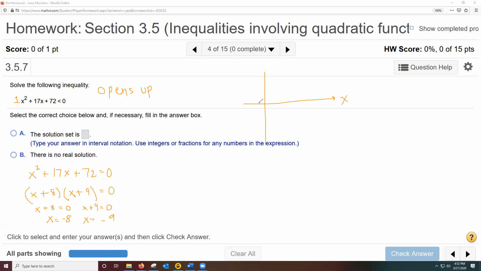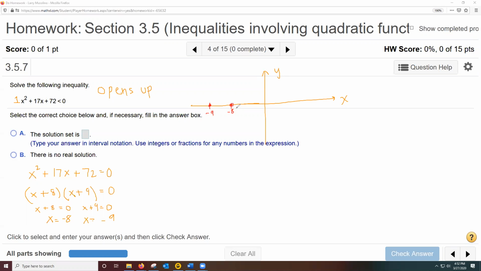Let me plot these x-intercepts. So I'm going to come over here and plot, here's negative 9, and here's negative 8. I'll exaggerate this a little bit just to make it a little easier to see what's going on here. All right, so here's the x-intercept, here's the y-intercept.